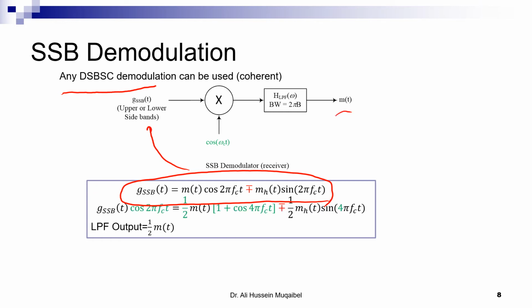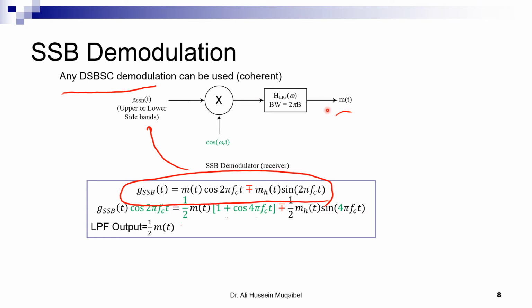If you do this, you'll find that if you multiply the expression by cosine, you will get the following. Cosine times cosine gives cosine of double the angle; cosine squared is 1/2 times 1 plus cosine of double the angle. Similarly, sine times cosine gives you sine of double the angle. So we got the following expression. If you look at this expression, we have components that are high frequency.